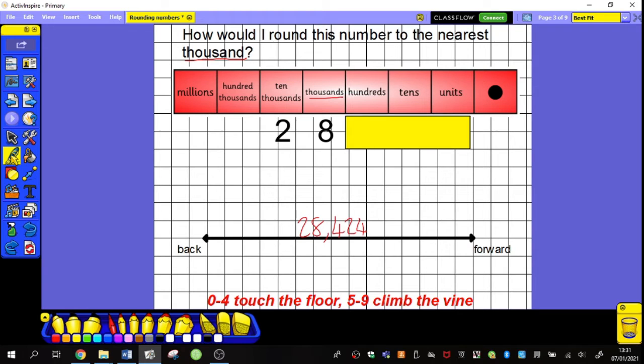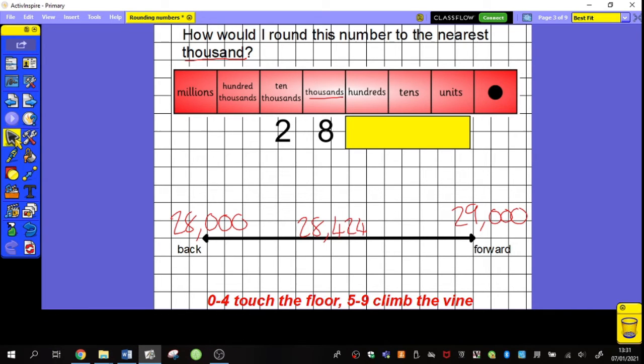It says 28,000. So if I was to be counting back to the nearest multiple of 1000, I'd be counting back to the 28,000 there. If I was to count forward on my number line to the nearest multiple of 1000, I would go up to 29,000. So again, I'm only looking at the thousands column at the moment.